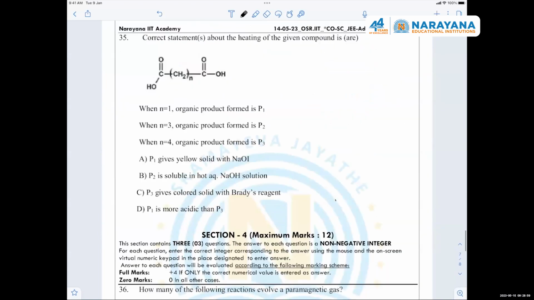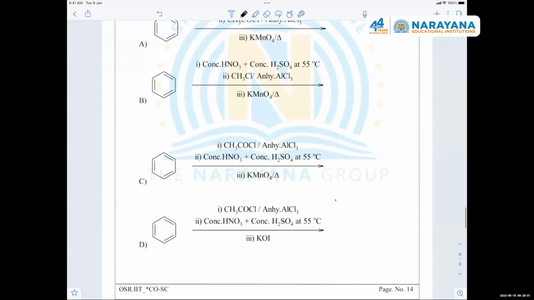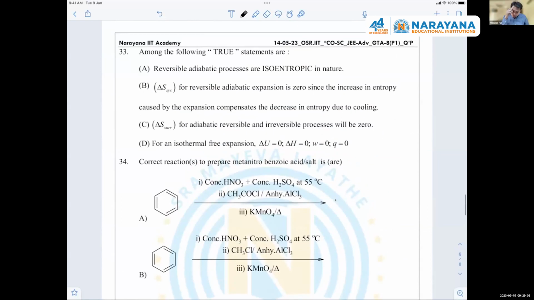Sir, if no gas is mentioned, do we take it as ideal gas or real gas? Yeah, of course, because of the isothermal free expansion, this D option. Yes, so your point is valid. They should have written for an isothermal free expansion involving an ideal gas. This is a correction in this problem. If the answer given is ABCD, involving ideal gas, you're absolutely right.